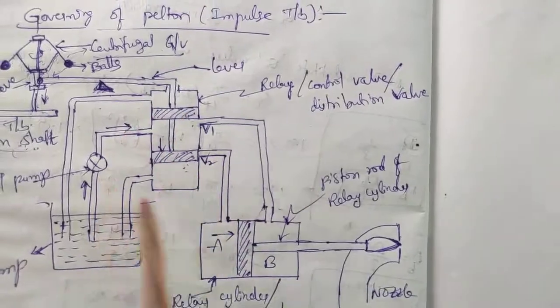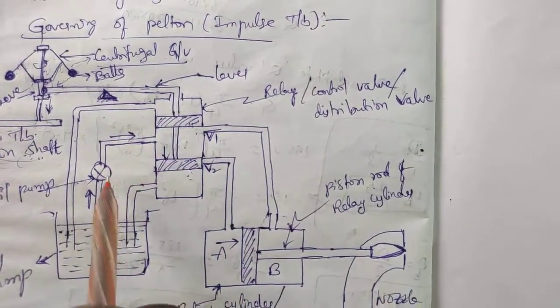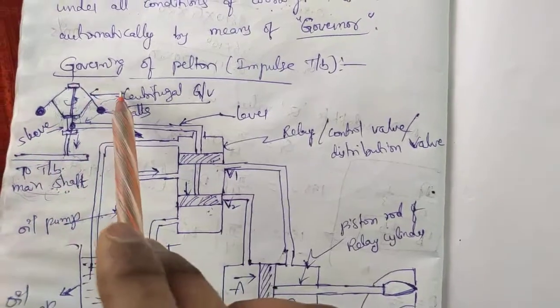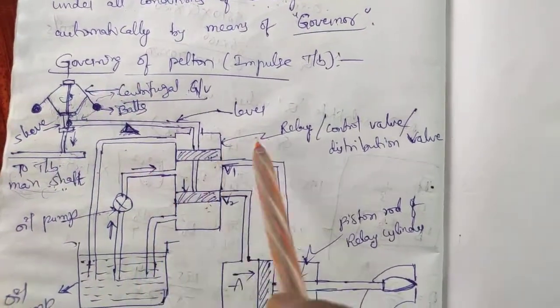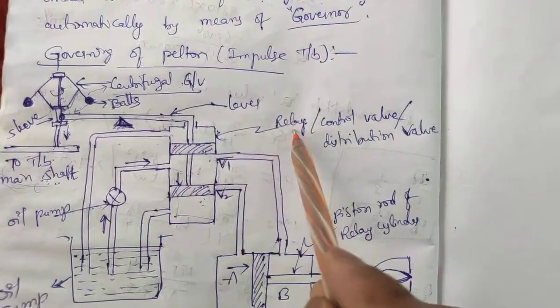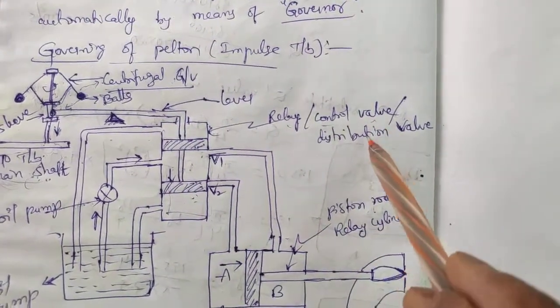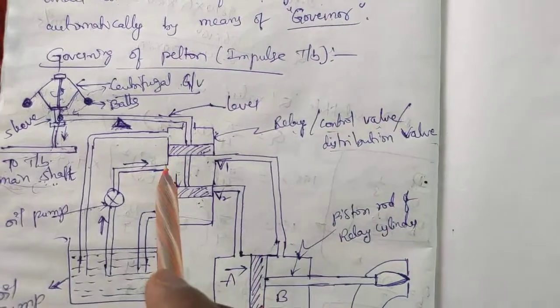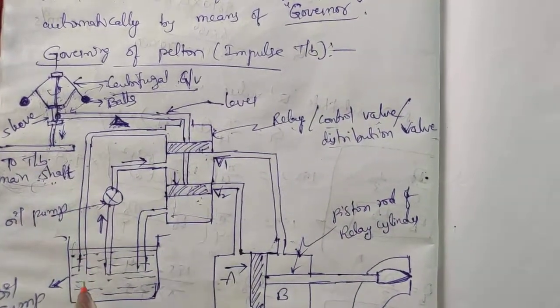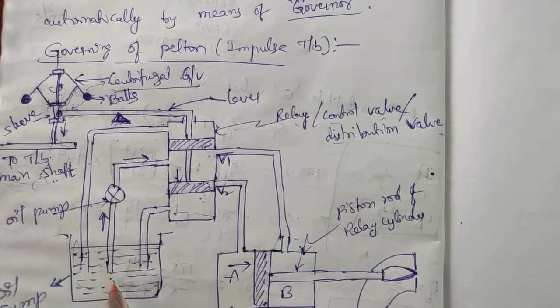Before that, we introduce the components used in the governing system. This is the centrifugal governor and lever. This cylinder is the relay cylinder or control valve or distribution valve. And here is the oil sump, in which we use oil.